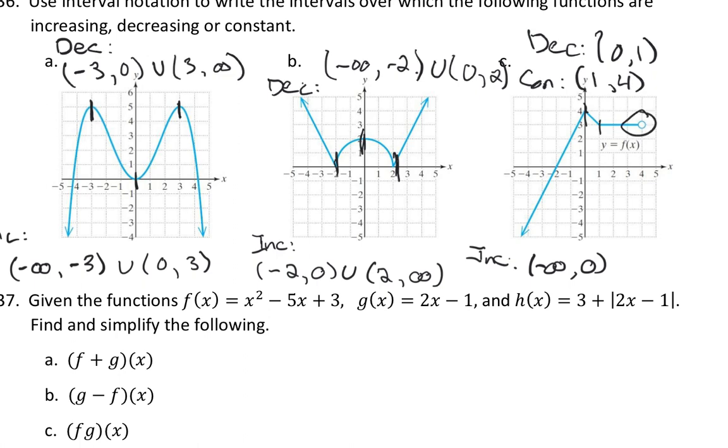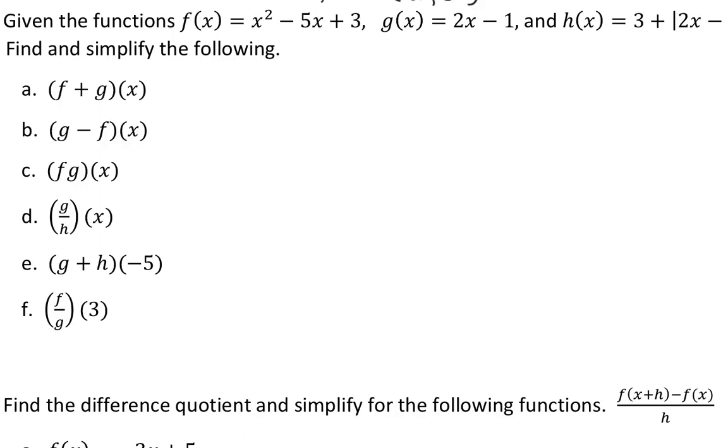For problem 37, we have 3 different functions defined, and for part A, we're supposed to find f plus g of x. So for this one, I like to start by just rewriting the function as f of x plus g of x. Okay.